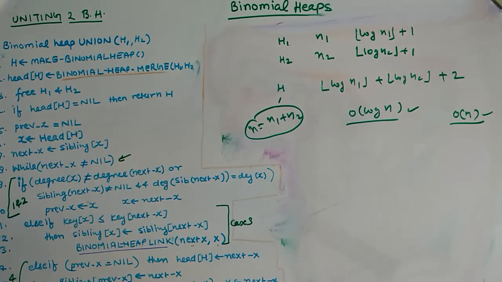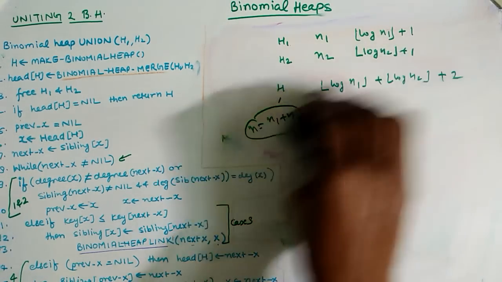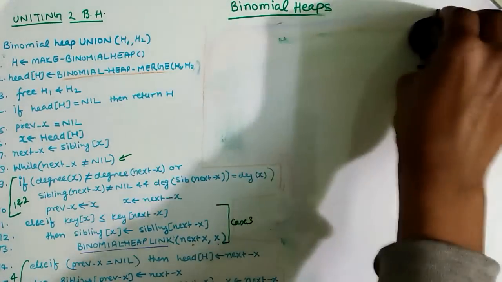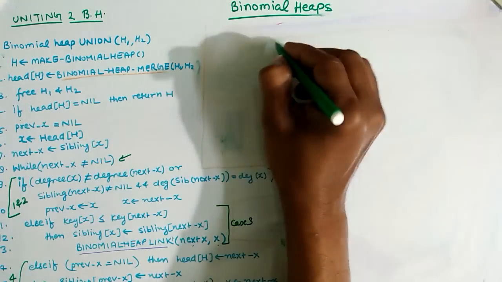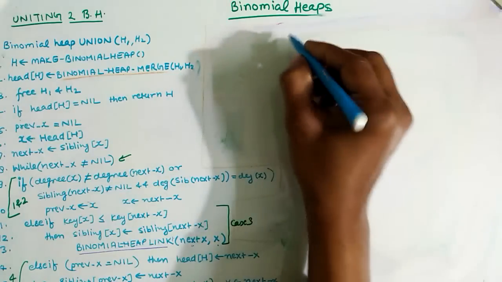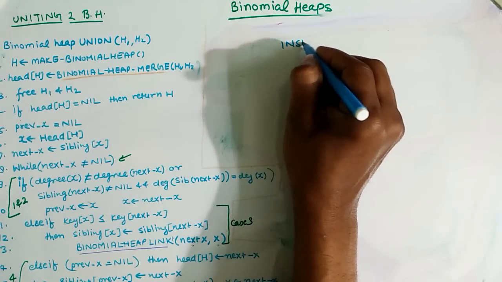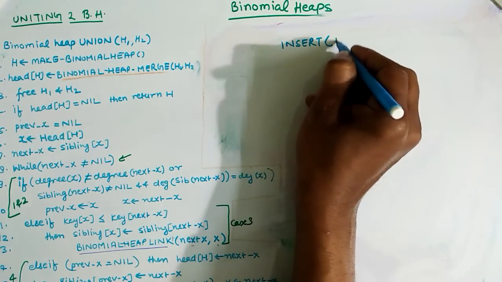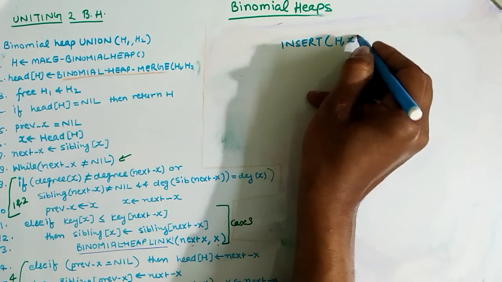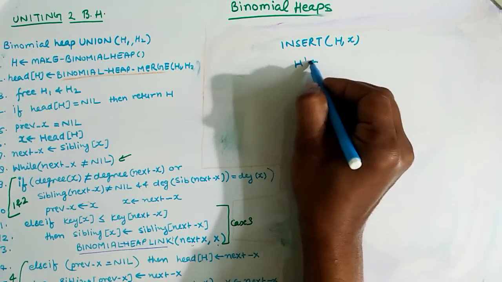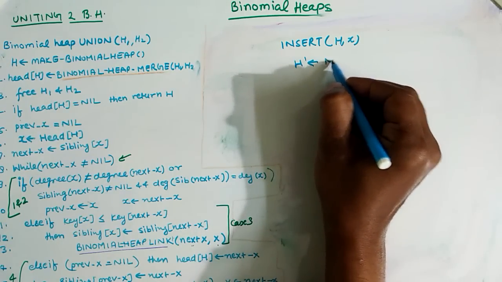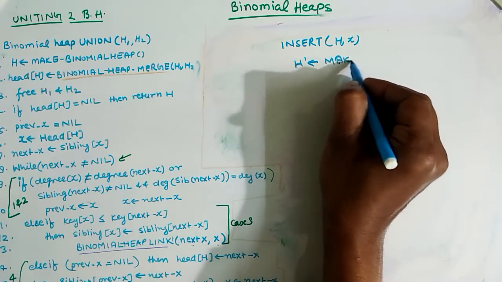Now let's see the insert operation on the binomial heap. If you want to insert an element in a binomial heap h with the value x, the procedure is very simple. We create an empty heap by calling the make binomial heap function.